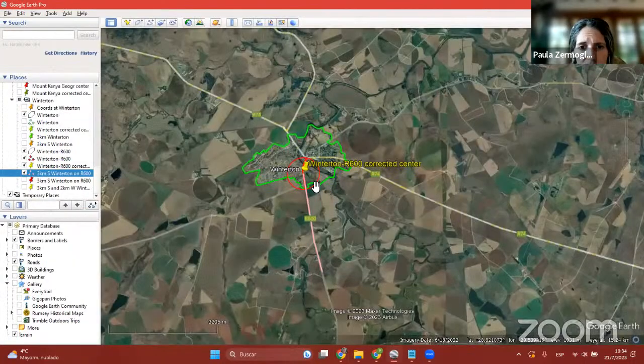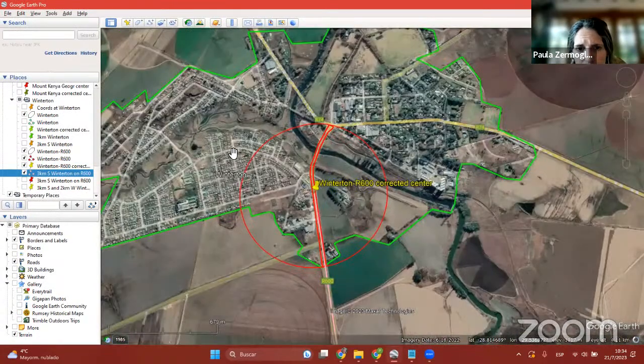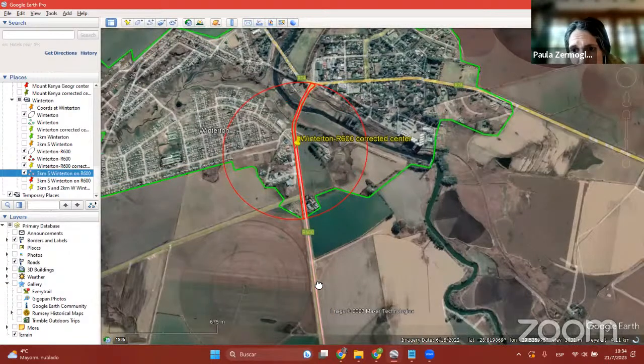So what we do is find the intersection between the reference feature, the town, and the route, this path, that is R600. We draw that polygon, we find the corrected center of that feature and its radial, and we start measuring the distance on the given route.